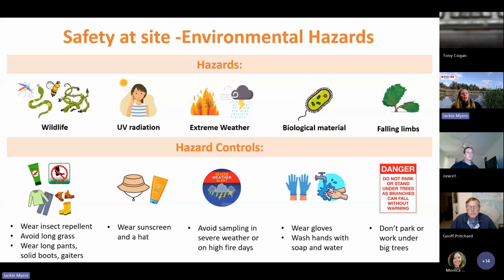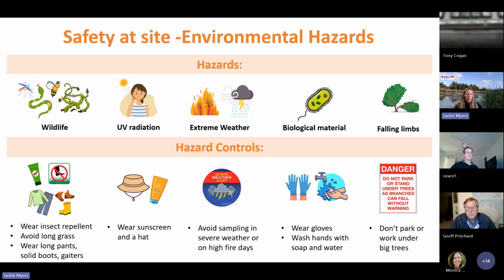All right, our next set of safety considerations really focuses on site safety and environmental hazards. And the key hazards and mitigation measures that we would encounter in this area include things like wildlife. So we could encounter snakes, spiders, bees, mosquitoes, and prickly plants at the site.